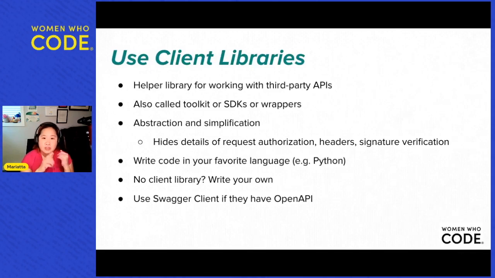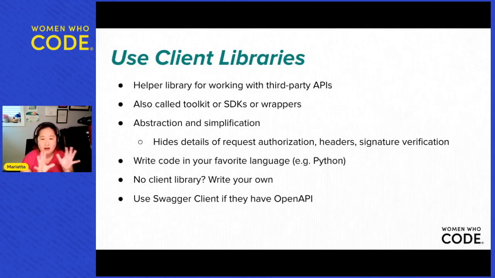Now you've read the docs, you've got the authentication tokens. Now you can start building and writing code. But there's one more thing that you should look into before starting to build. You should find out if there are client libraries for working with these APIs. So this is sometimes also called a wrapper or toolkit or SDK.